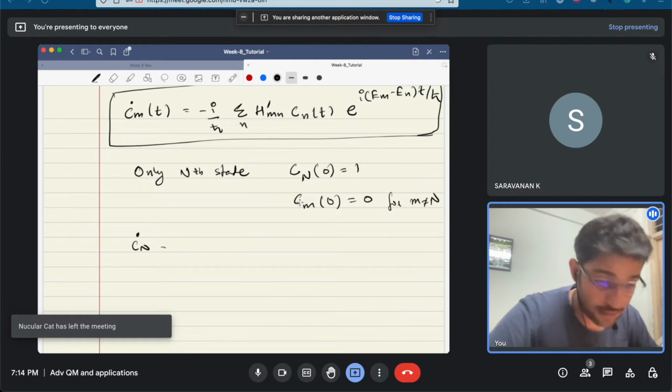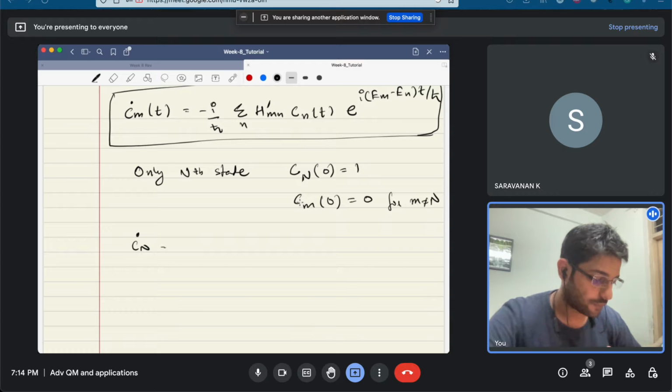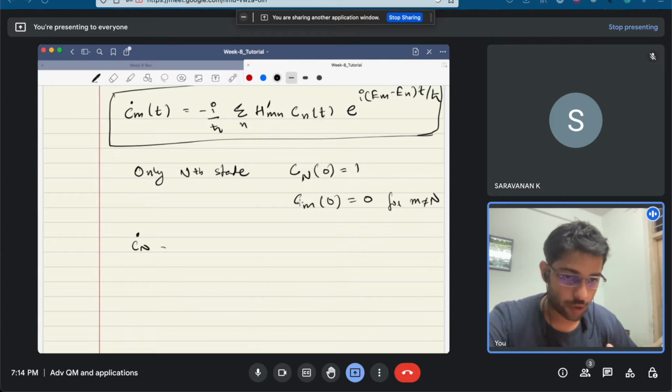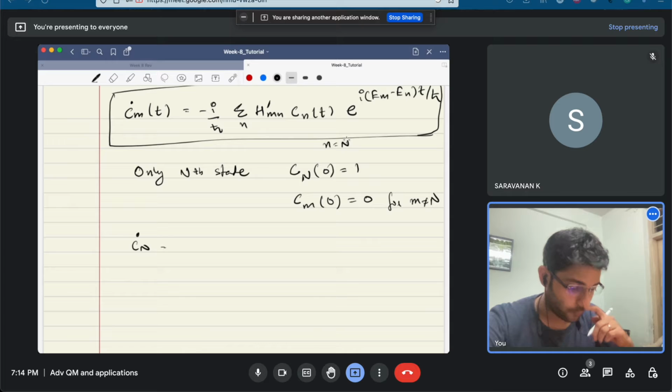So your Cn of 0 is equal to 1 and Cm of 0 is equal to 0 for m not equal to n. So here only the nth term, so for n equal to n only this expression survives and otherwise it won't, right?